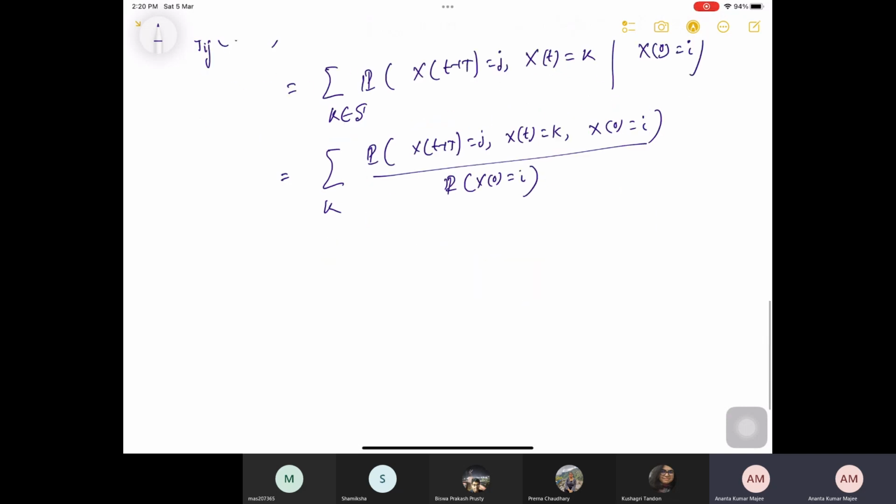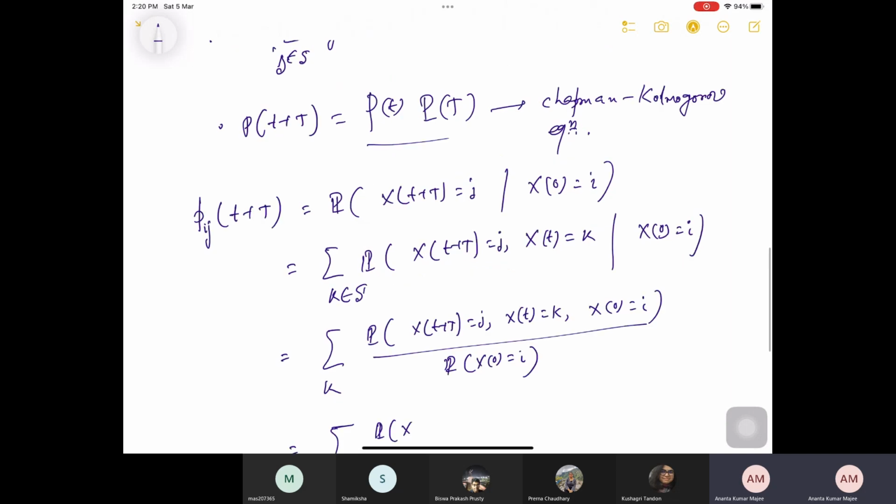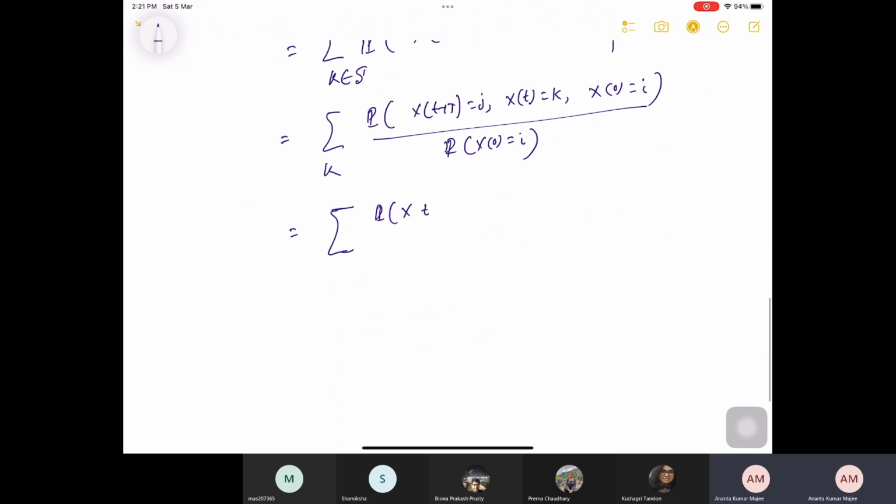Now for this part, I can multiply and divide by something. Looking at the form, probability of X(t) = k and X(0) = i, if I multiply by probability of X(0) = i, then I need to divide by that part.